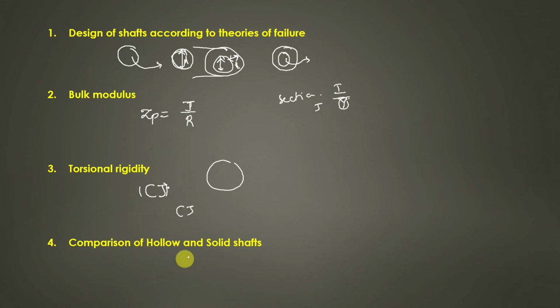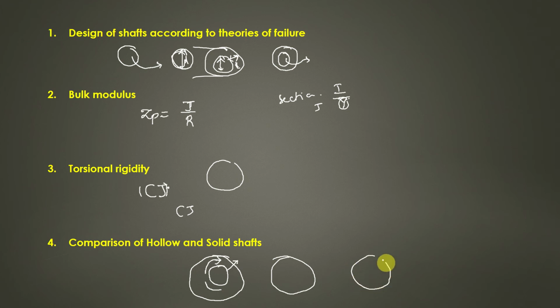And comparison of hollow and solid shaft. For transmitting the same amount of torque, what if we use a solid shaft and what if we use a hollow shaft? For the same torque, if we use the hollow shaft, sometimes the material may be reduced and finally it becomes economical. Our ultimate aim is to use materials having less self weight and more energy to function well.